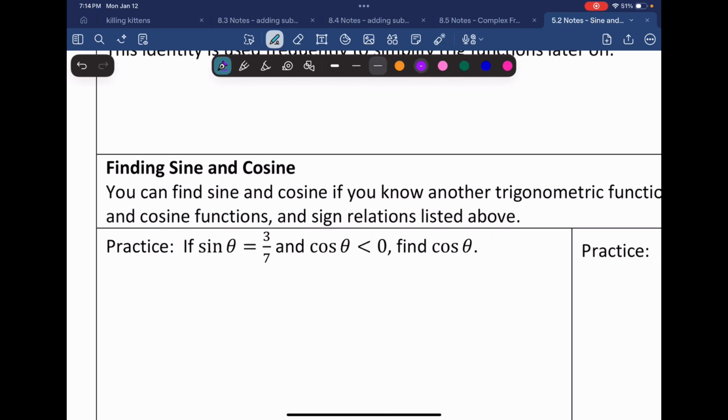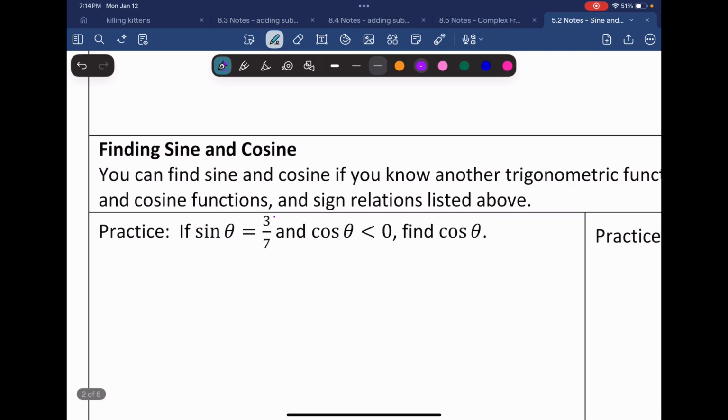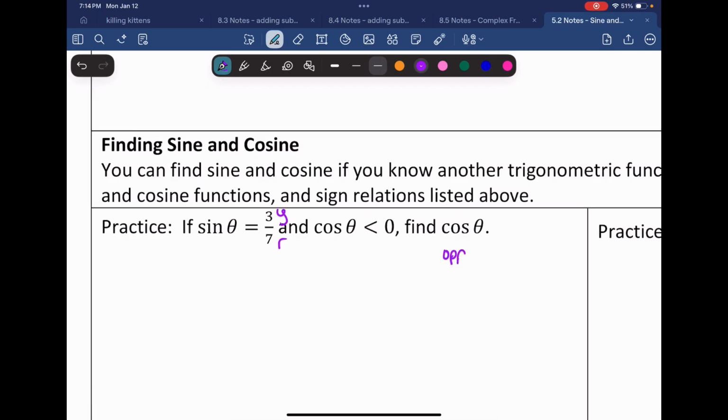Okay, if sine is 3 over 7, well, sine is y over radius. Remember, opposite over hypotenuse, with hypotenuse being r and opposite being y. Then it says cosine is less than 0. So it says cosine is negative.